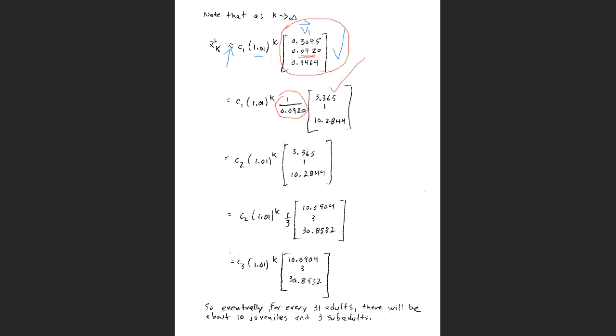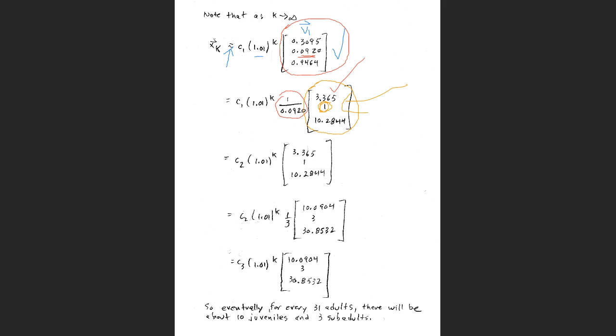The reason I did that is because I wanted to have a 1 here. I want to have integers in this vector, so I can determine the ratios.